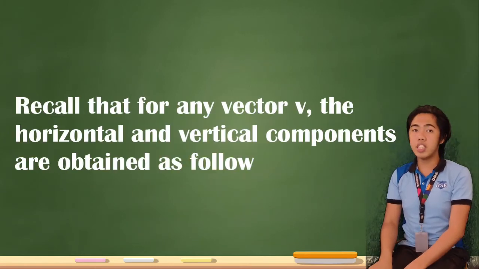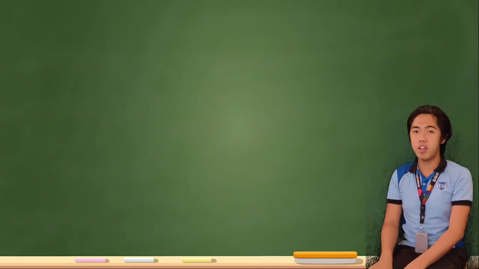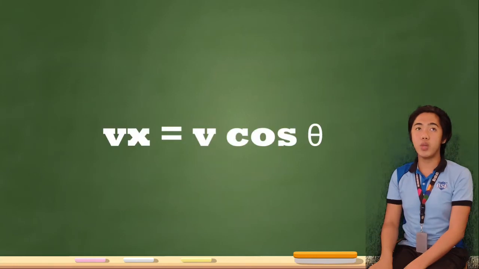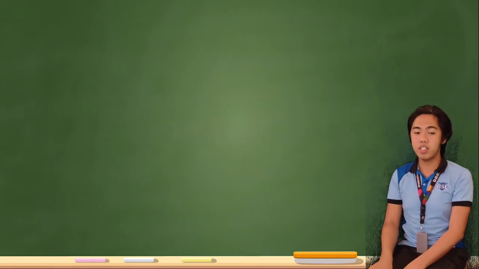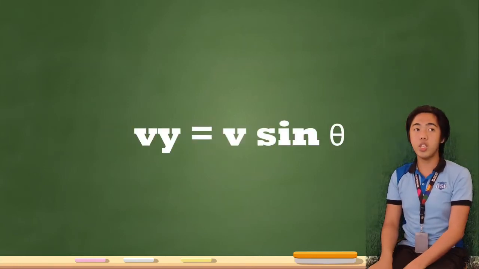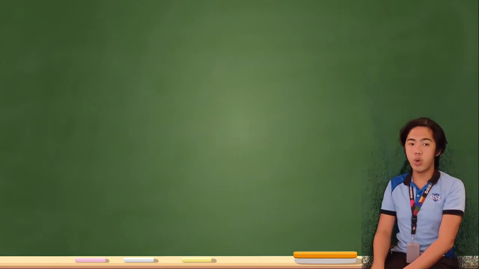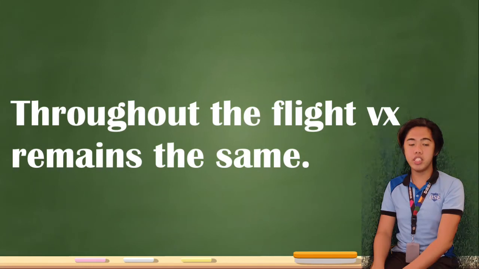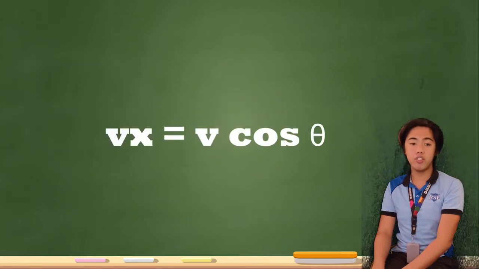Recall that we have discussed in our previous lessons how the horizontal and vertical components are obtained. First, Vx is equal to V cosine theta, and Vy is equal to V sine theta. Throughout the flight, Vx remains the same. It is calculated with the formula Vx equals V naught cosine theta.